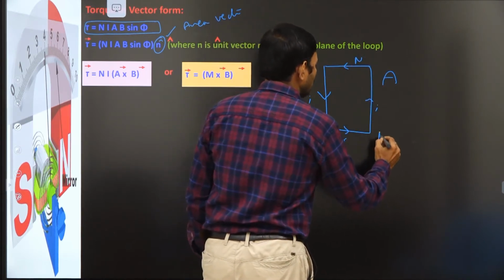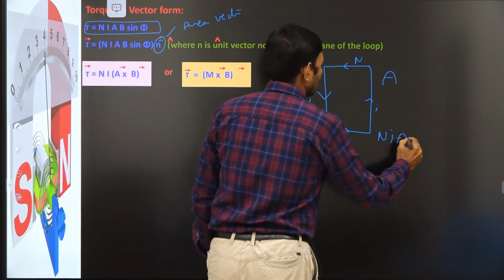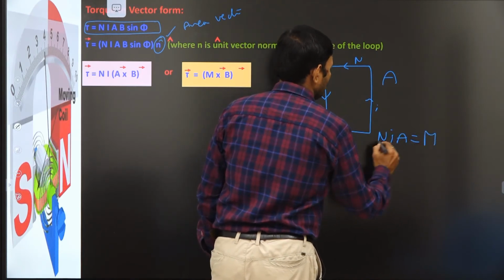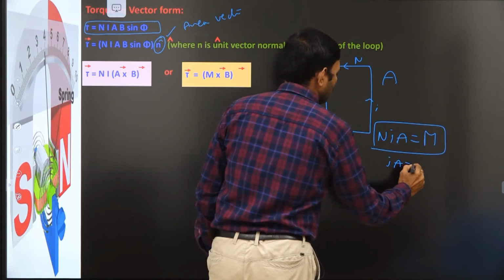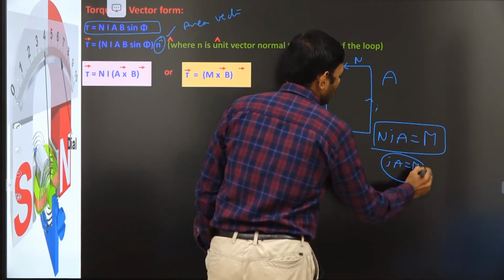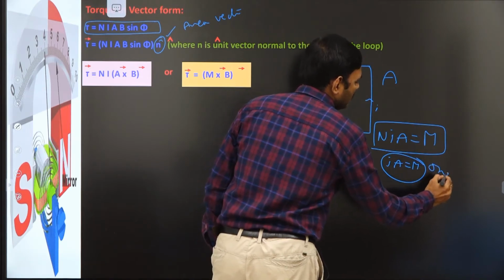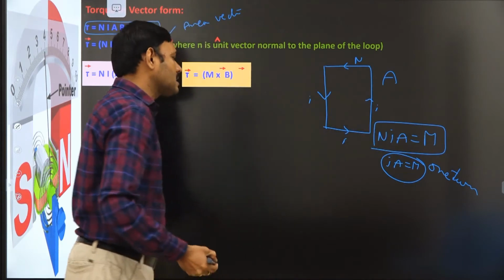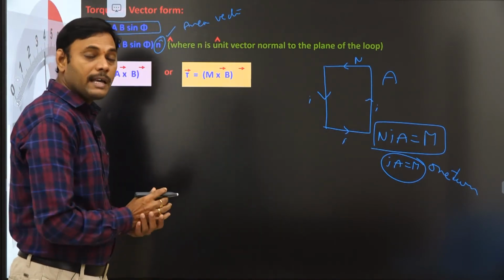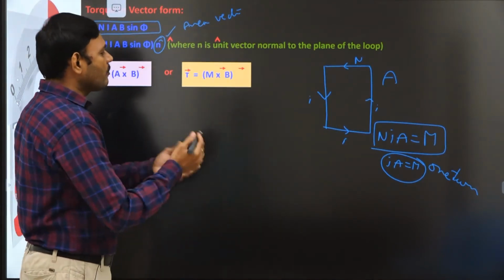Here the one important expression is NIA, generally considered to be M, the magnetic moment. IA is the magnetic moment of one turn, and the magnetic moment of N turns is NIA. I is the current, A is the area of cross section.